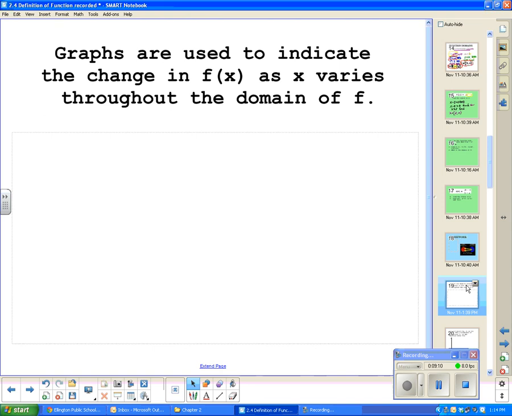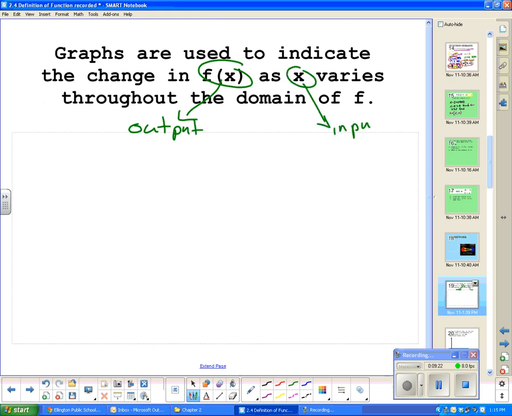And let's put a couple more words in here. When I say the change in f of x, another way of saying this is the change in the output as the input varies throughout the function. If I simplify it down a little bit, we might say that we want to know how our outputs change as our inputs change.